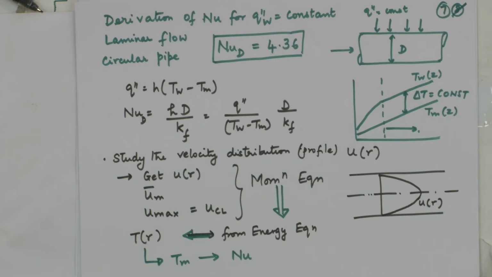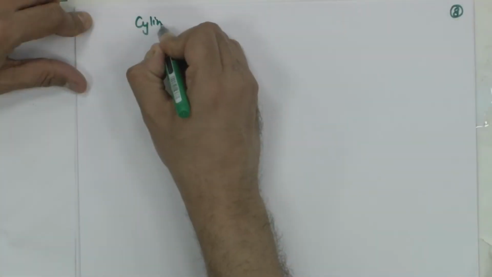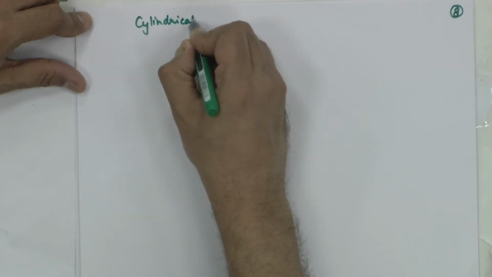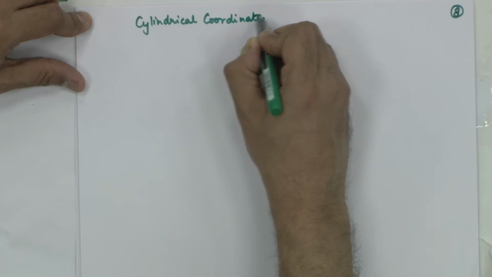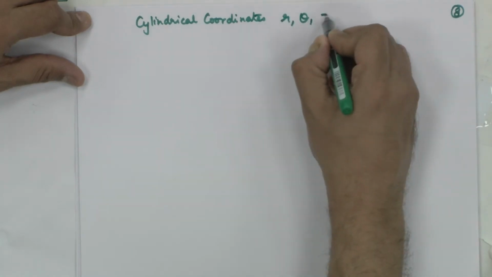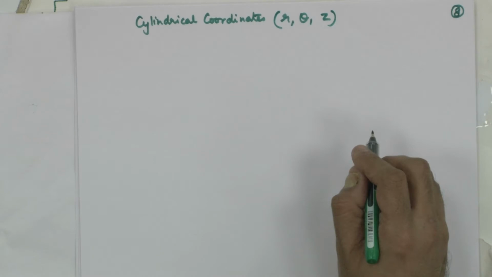So, let us start with the continuity and momentum equations for flow through a circular pipe. Remember, this is going to be in polar or cylindrical coordinates r, theta, z. I use z instead of x because it is a little more convenient.